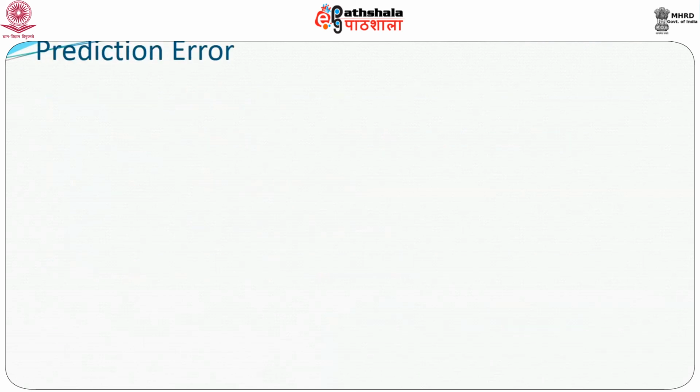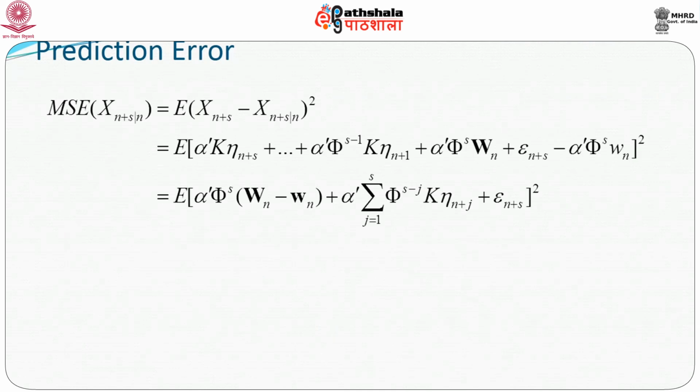What would be the estimated prediction error? That would be the MSE of x, or the expectation of x_{n+s} minus the predicted value, that is x_{n+s} given n, squared. And that simplifies to the expectation of these three terms here, squared. But look at these three terms. The first term depends on the past values, the second term depends on the future values of eta, and the third term depends on epsilon_{n+s}.